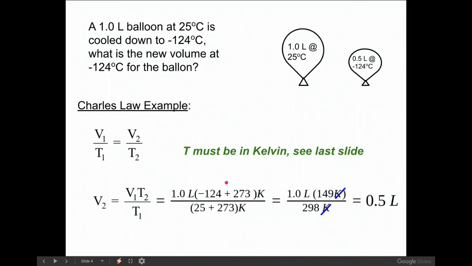Do your conversion in the problem or before it, but by putting the numbers in after, you can see units cancel and make sure you're in the right unit, liters. So this is going to be 0.5 liters, much like I showed before. Algebra first, numbers next. And remember, the "at" associates the two values that belong together in the ratio.